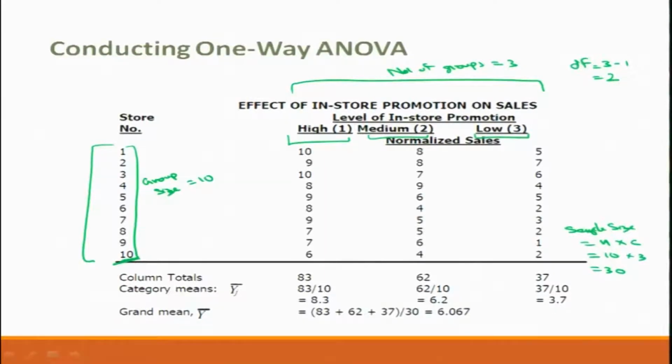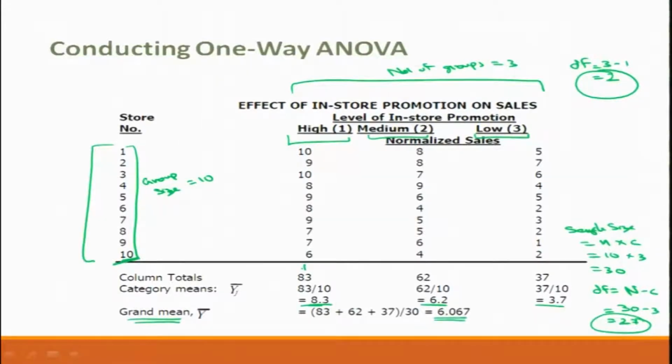The degrees of freedom for the sample, if you recall, is n minus c, that is 30 minus 3 is equal to 27. So we will use these two terms in the calculations. The group mean is 8.3, the group total is 83. For high, for medium, for low, we have group means, and we have the grand mean of the whole data, of the overall data.